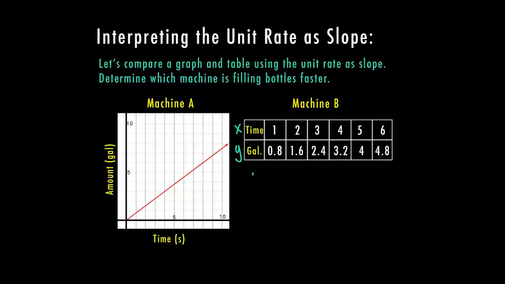So this would be y equals 0.8x. Then if we go over here to our graph, we can find our slope. There is a point here. So we're going to find our rise, which is 1, 2, 3. So our rise is 3.